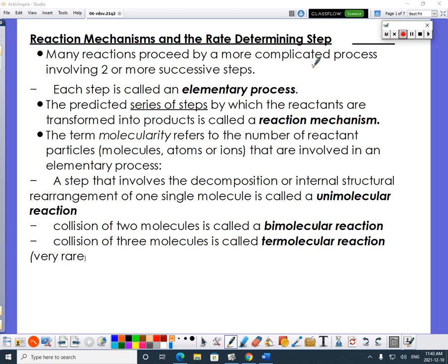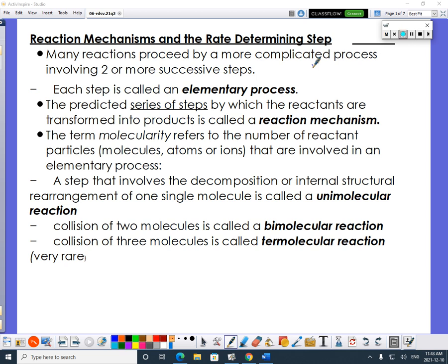And we are going to look at the rate determining step. When you have a mechanism, one of the steps will be labeled as slow. That slow step determines the rate, or limits how fast the reaction can go.